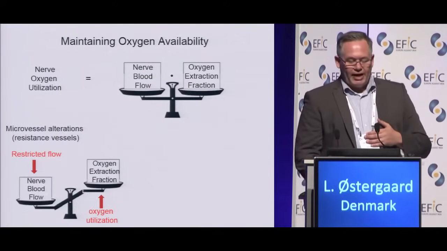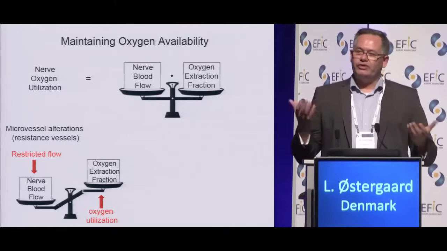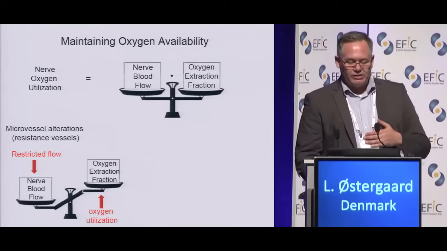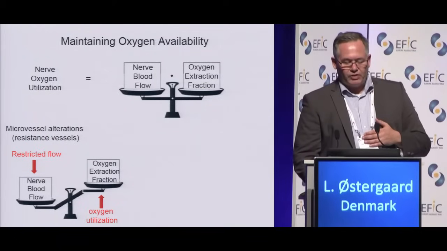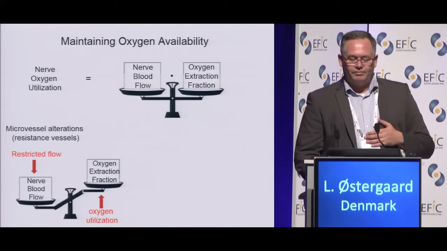So what we were looking at before is the classical view, or what was assumed, namely that the microvessel alterations that occur in diabetes would somehow restrict flow and therefore blood flow would be lower. And we also know that since the nerve will still be using oxygen, the extraction fraction would go up.